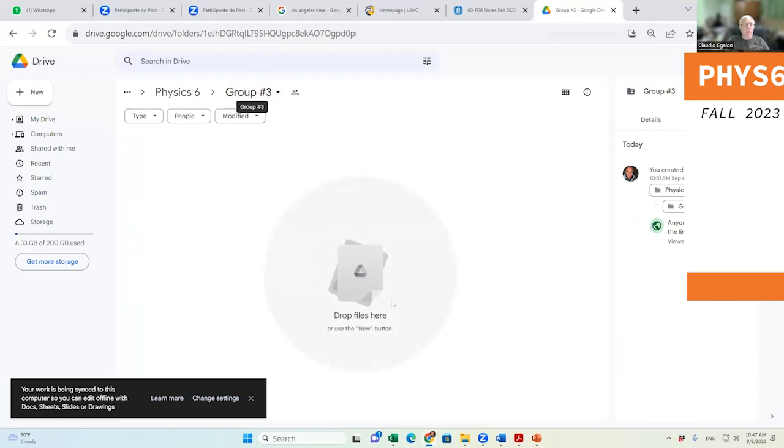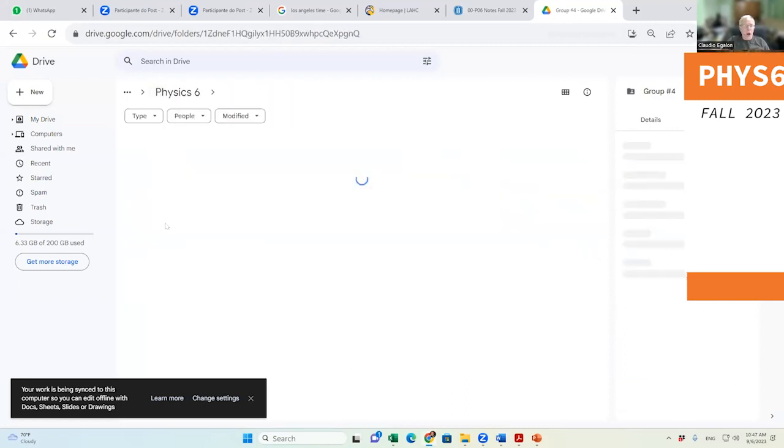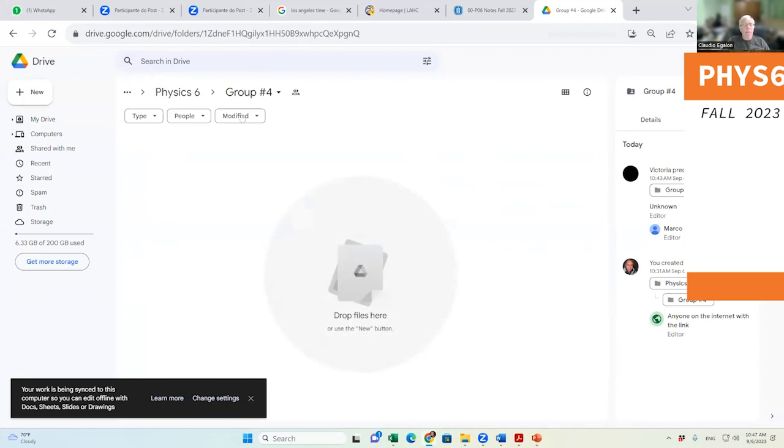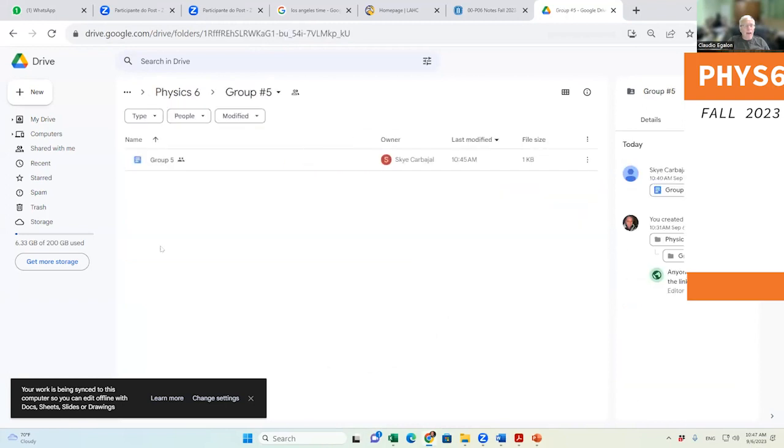Group number 4, right? Group number 4 at the top. And finally, group number 5. Oh, here you go. Sky uploaded a file there, right? Group 5. So you should see this window here. That's the first exercise we've got to do.